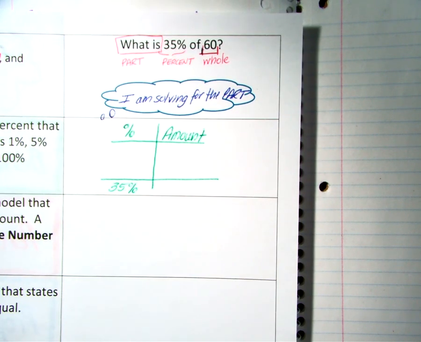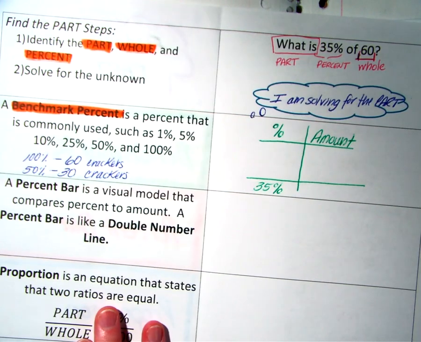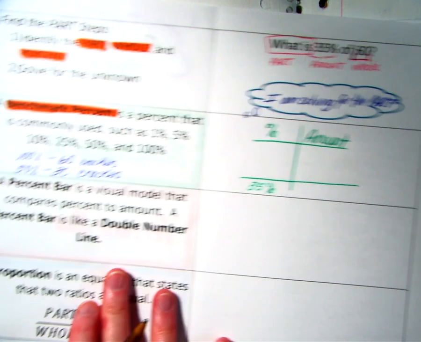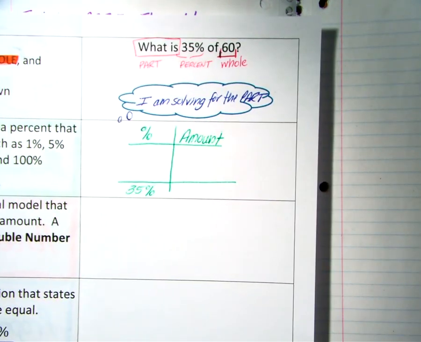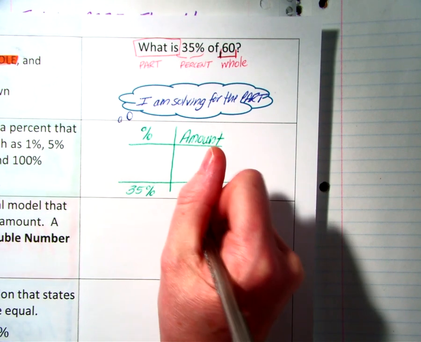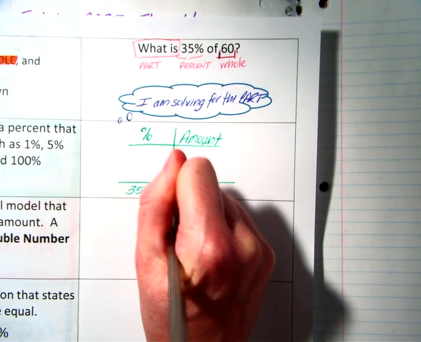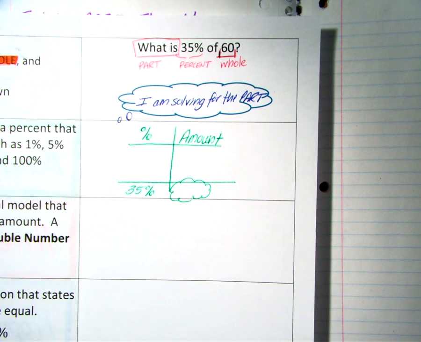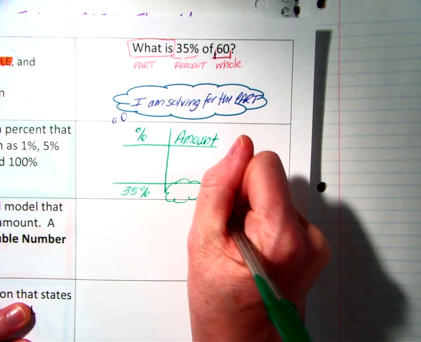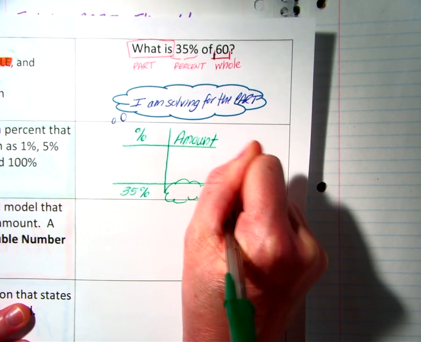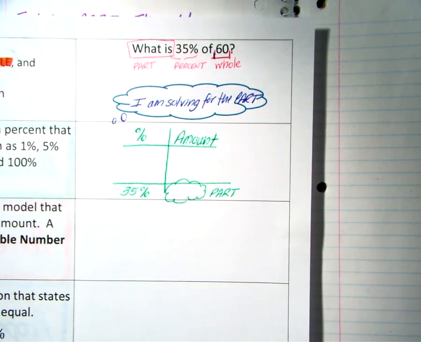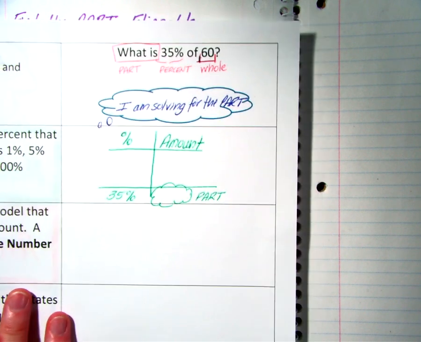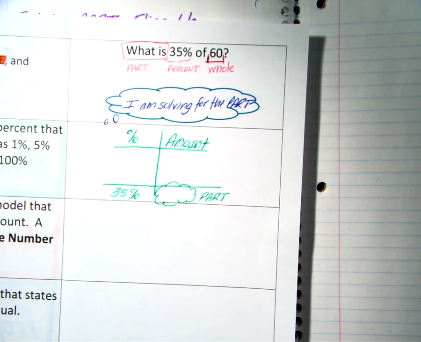We can piece together to 35% using our 1s, 5s, 10s, so on. The amount, this unknown amount, that will be the part. You will get there. You will get to the part. So then you can piece together simple things.